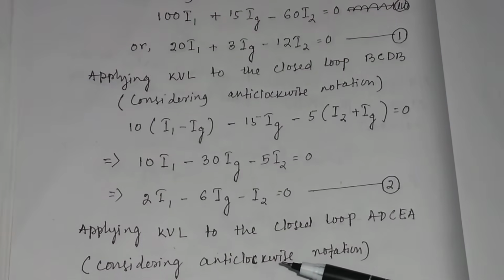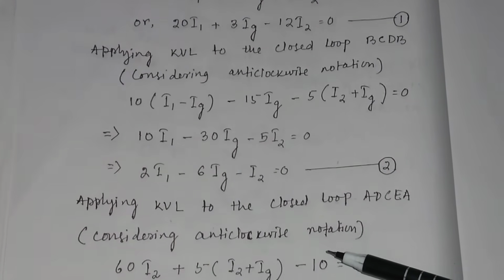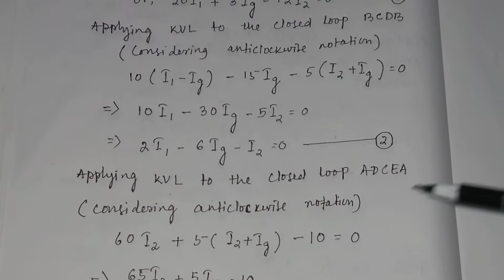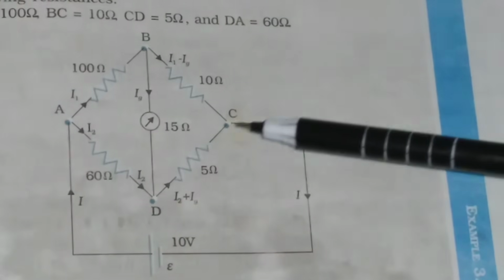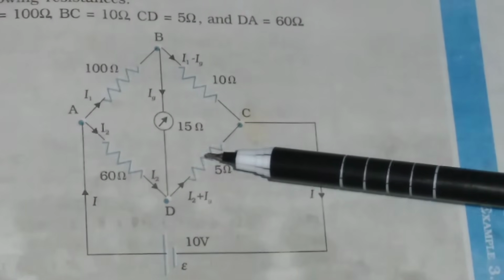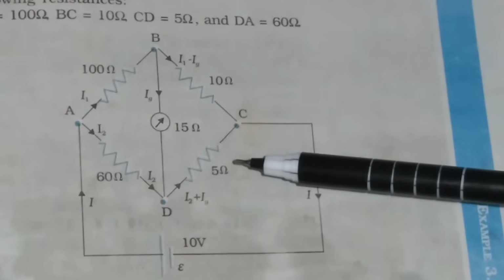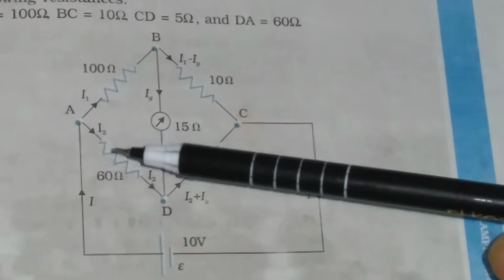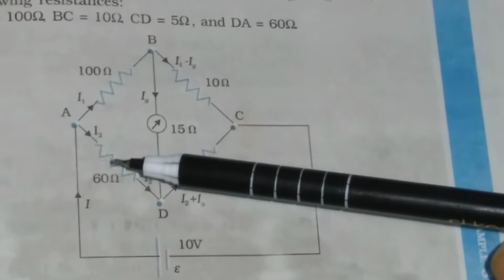Similarly, if you apply KVL to the closed loop ADCEA and considering anticlockwise notation, you will get 60 I2 plus 5 into I2 plus Ig minus 10 equal to 0. You see in this figure, for the loop ADC then EA, you will get 60 I2, and we have considered anticlockwise notation. For the 60 ohm resistor, there will be a voltage rise, so this will be positive.